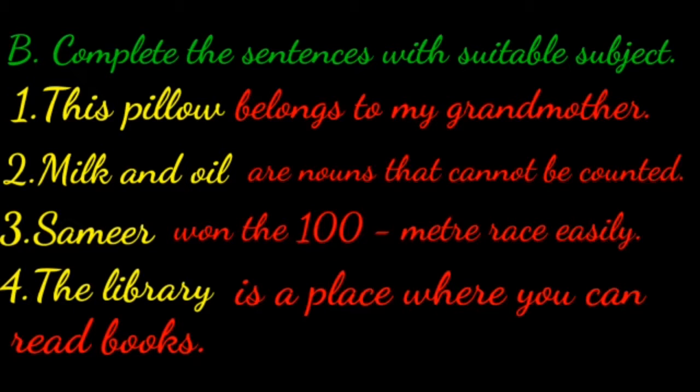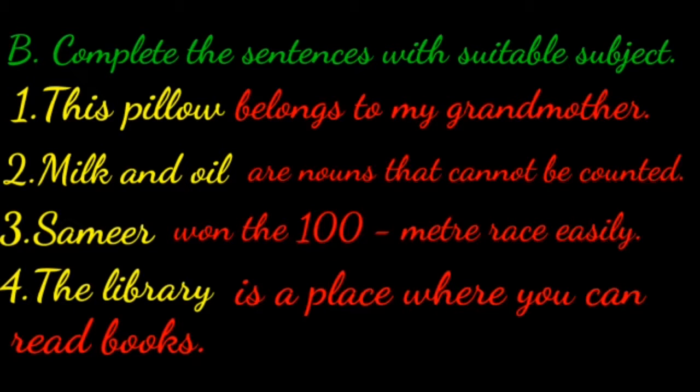Third one, Samir won the 100-meter race easily. I repeat, Samir won the 100-meter race easily. Here, Samir is the subject. Fourth one, the library is a place where you can read books.